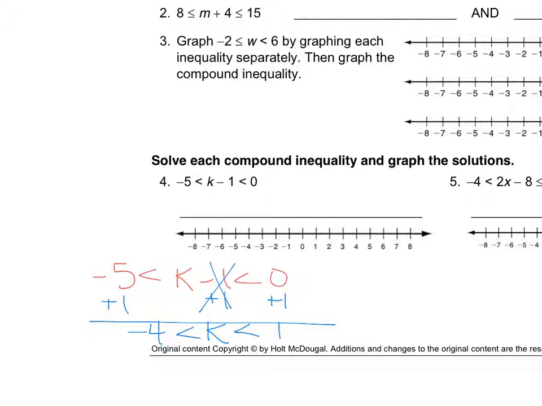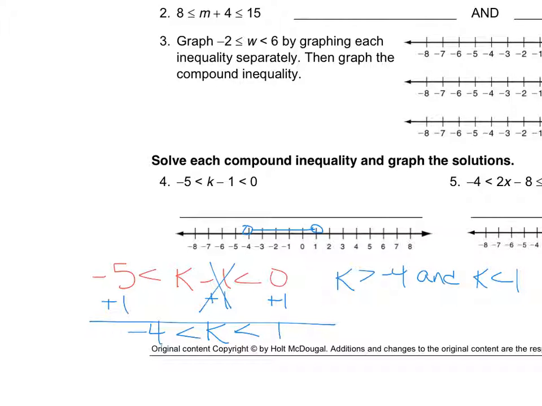This is an and. If you pulled it apart, you could also have said K is greater than -4 and K is less than 1. To see this graphically, it's going to be an open circle on -4, open on 1, meeting in the middle.